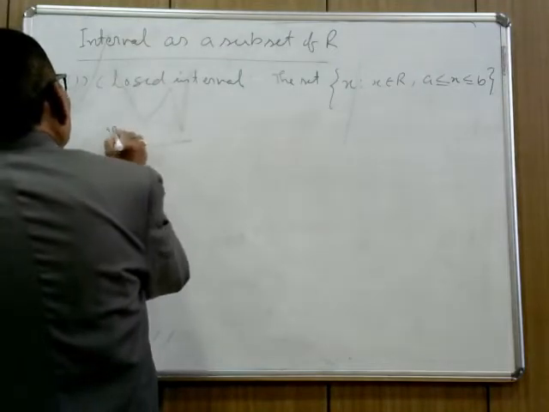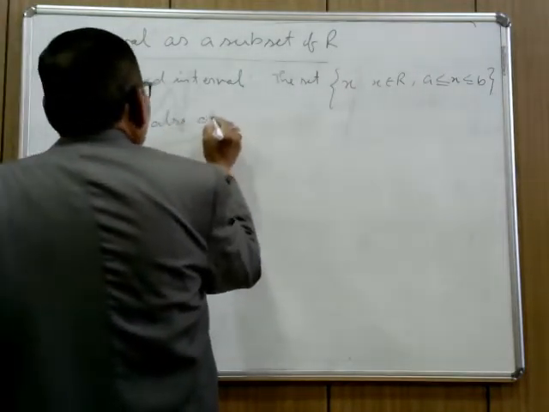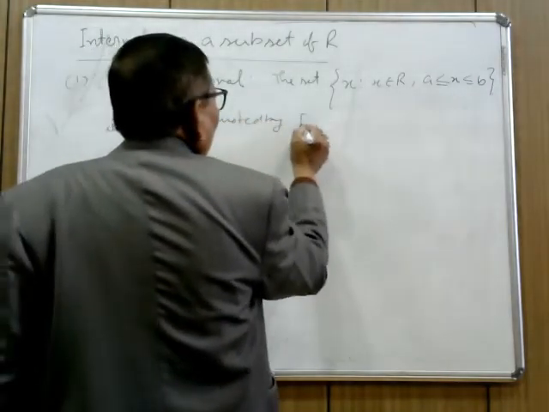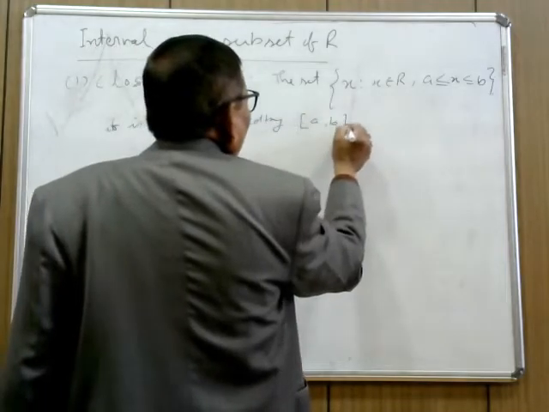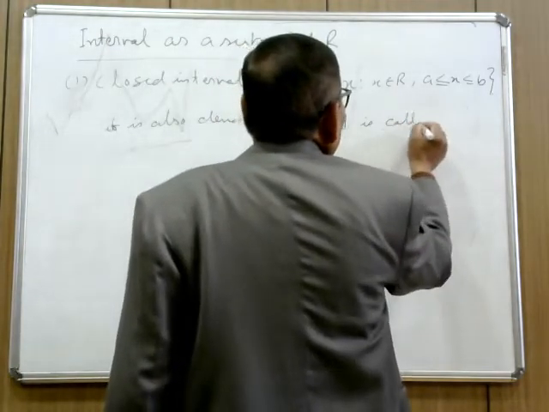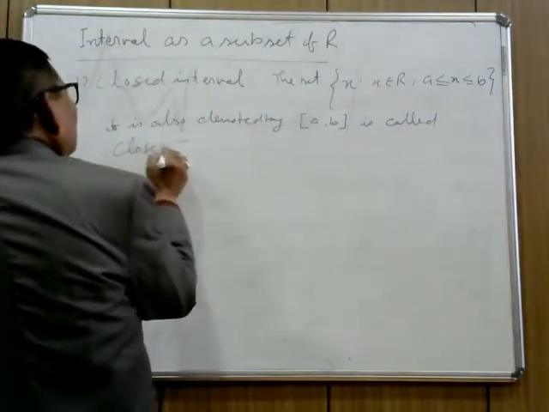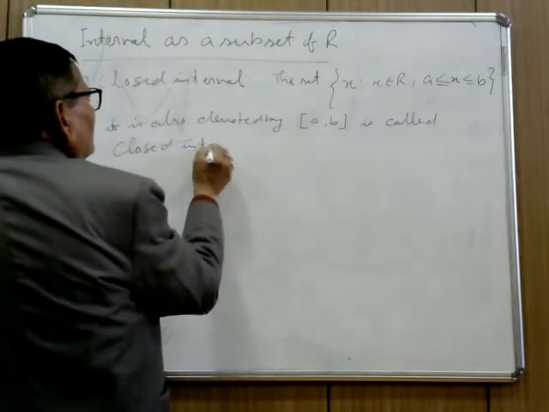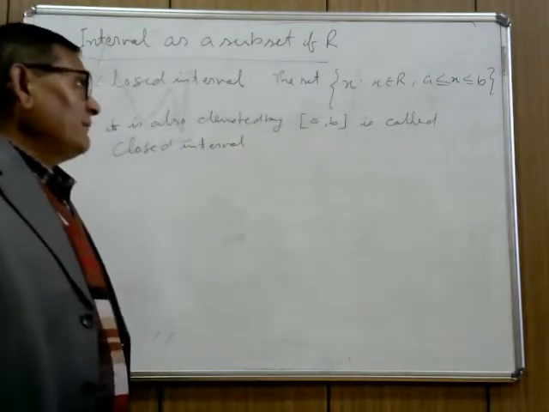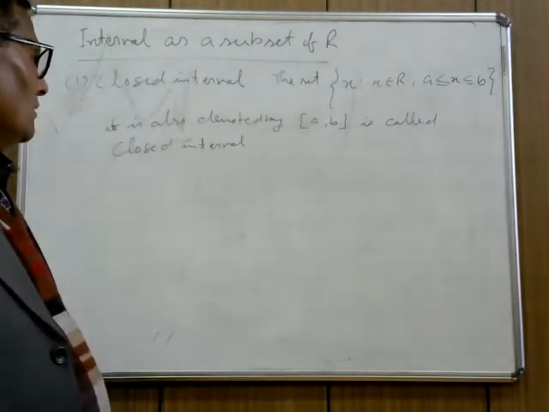It is also denoted by [a, b] and is called closed interval. This set consists of all real values between a and b, including a and b.